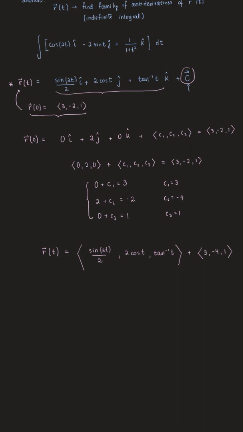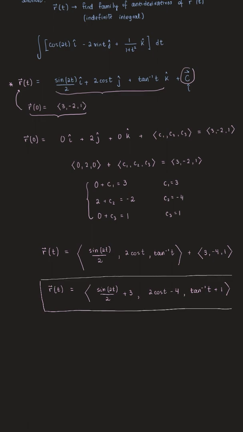Now, if we add these two vectors, we get our final particular solution that satisfies the initial condition: sine of 2t over 2 plus 3, combining our x components; 2 cosine of t minus 4, combining our y components; and tangent inverse of t plus 1, combining our z components. And this is our final solution. It is a particular solution given a derivative vector function and an initial condition.